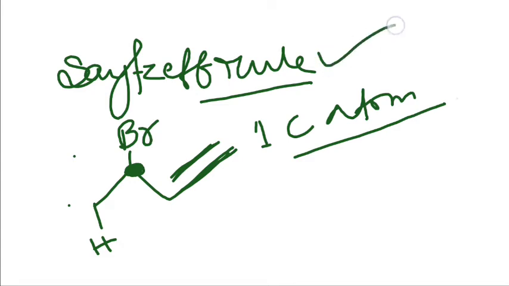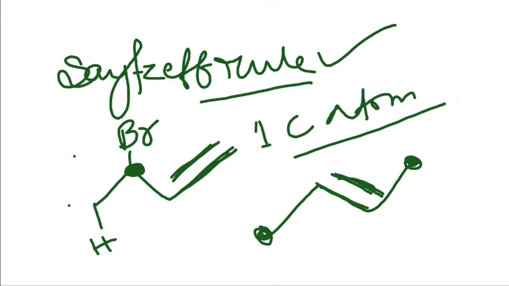But according to Saytzeff's rule, the more substituted alkenes are the most favored product, that means they will form as the major product. In the thermodynamic product, we can see that there are two carbon atoms surrounding this alkene group. So that is why the Saytzeff rule will govern in determining the major product.